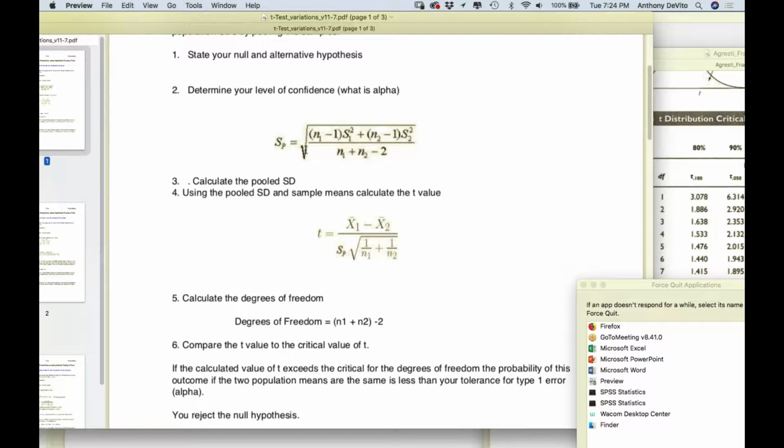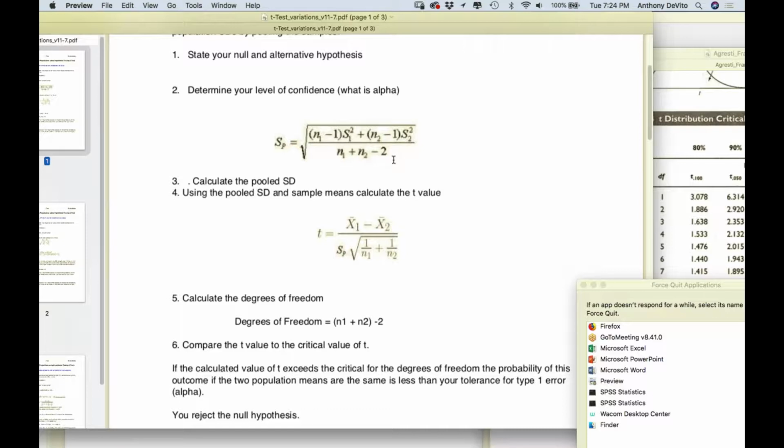What's that equal to? That's equal to the square root of (sample size 1 minus 1) times the standard deviation squared, the variance of sample 1, plus (sample size 2 minus 1) times the standard deviation squared of sample 2, over n1, the sample size 1, plus sample size 2, minus 2.